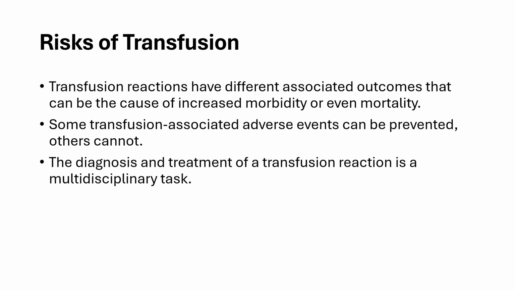Preventable reactions are most commonly due to clerical errors, such as mislabeling samples or transfusing incompatible units. These can often be avoided with strict adherence to protocols and double-checking identification. Non-preventable reactions occur despite proper technique and precautions. Some examples are allergic reactions, febrile non-hemolytic transfusion reactions, and some delayed immune responses.